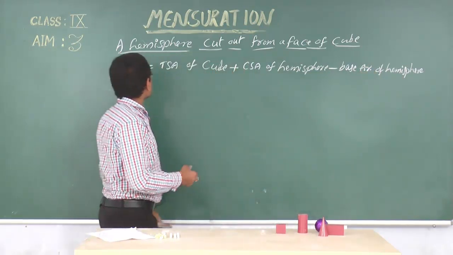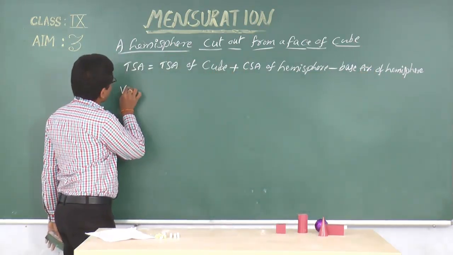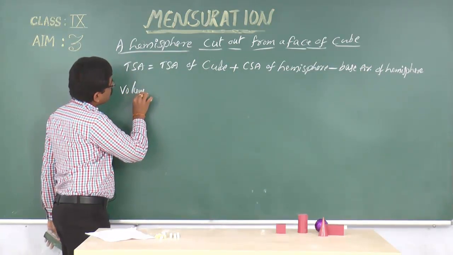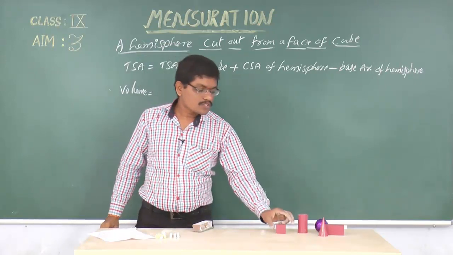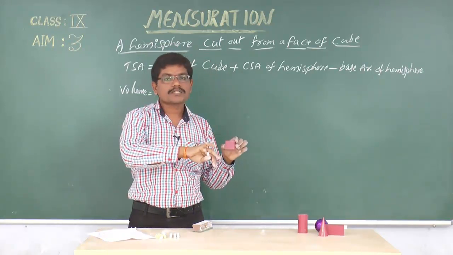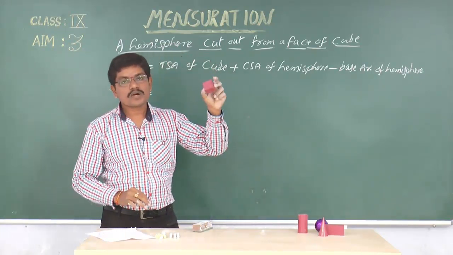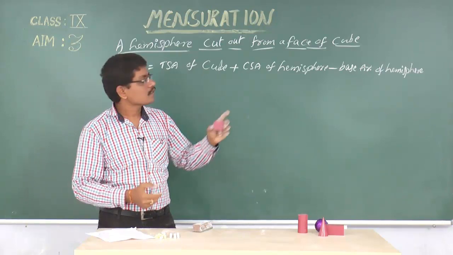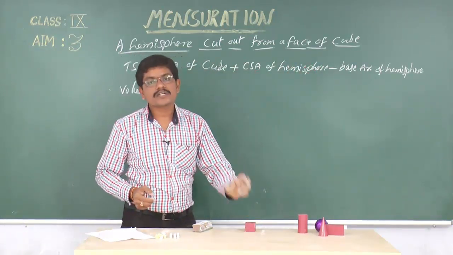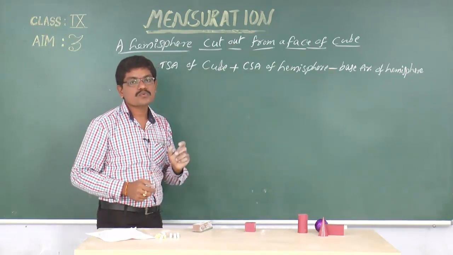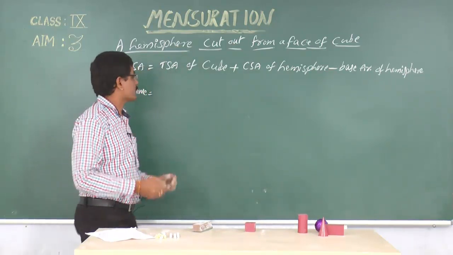Now next one is volume. Volume is equal to, so from this cube we are removing some part, so from the total volume we have to remove that part. That part is volume of the hemisphere. We are removing a hemisphere, so we have to remove volume of hemisphere.